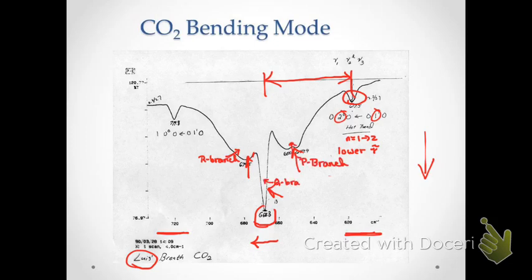At the lower frequency we have the P branch, and the central frequency is the Q branch, which remember doesn't appear for diatomic molecules. The Q branch is delta J equal to 0. The R branch, of course, is delta J plus 1, and the P branch is delta J minus 1. We do see those 3 branches there in the bending mode for carbon dioxide.